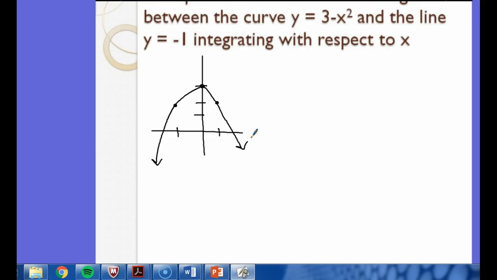And it says it's also bounded by the line y equals -1. So these are going to hit at the points (2, -1) and (-2, -1). So we're finding the area in between.